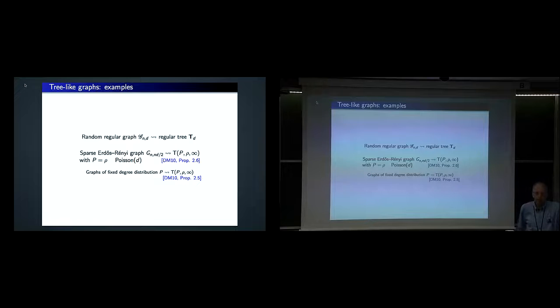Once you choose a degree, you have all the half edges coming from all the vertices, and you connect them together randomly. What you will get is a graph, and the limiting convergence will be some tree, and this tree will have an offspring distribution that is related to the one you started with. These results are proved in detail in this survey paper as propositions 2.5 and 2.6, but they are really redoing things that are known to people in graph theory.